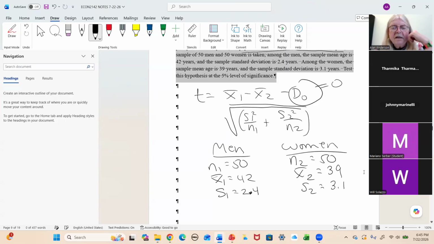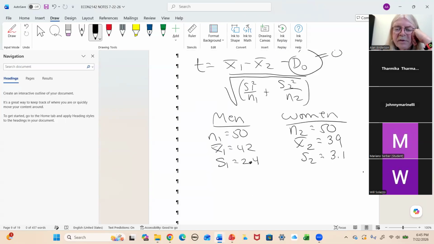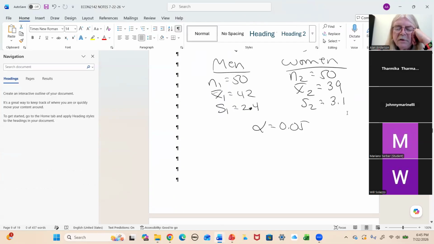And we have to test this hypothesis at the 5% level of significance. So, first let's write down the hypotheses. So, wait a minute. Oh, here it is.